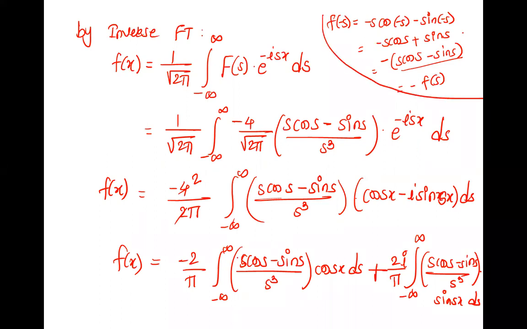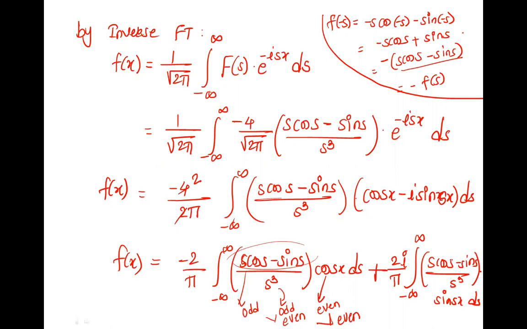So this is odd. And s cube, put minus s, is odd. Odd divided by odd is even. And cos is even.